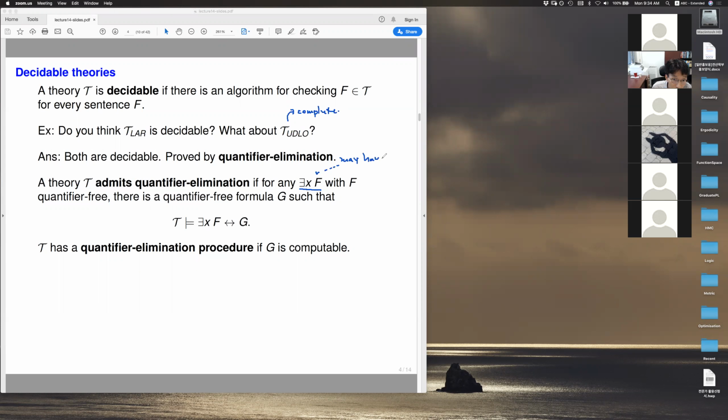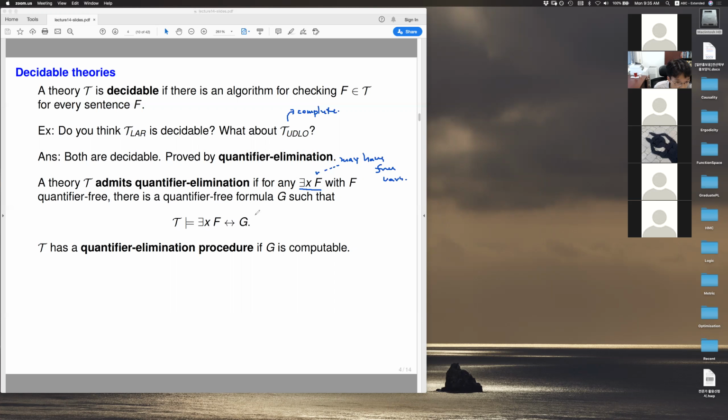Okay, so in order for a theory to admit quantifier elimination, the following condition has to be true. For any exists x dot f, there exists a quantifier free formula G such that exists x dot f and G are equivalent under the theory T.